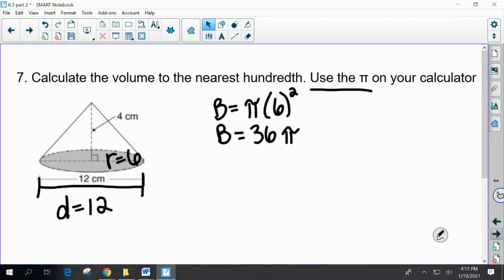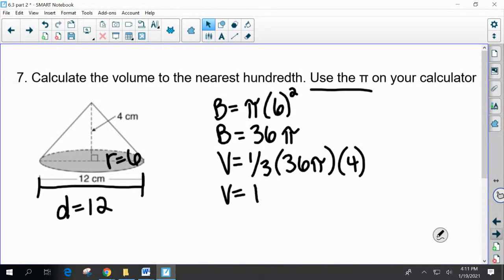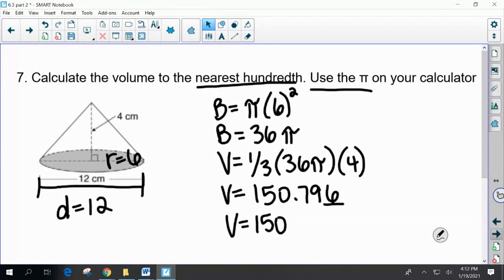And then for the volume, I would take 1/3 times 36 pi times the height, which is 4. So my volume would equal 150.796, and the instructions say round to the nearest hundredth. So I look at my thousandth. It is 5 or greater, so I round up. So my answer would be 150.80 centimeters cubed.